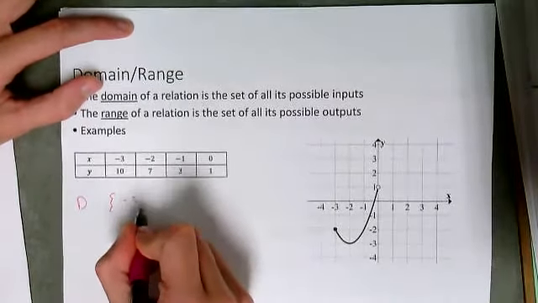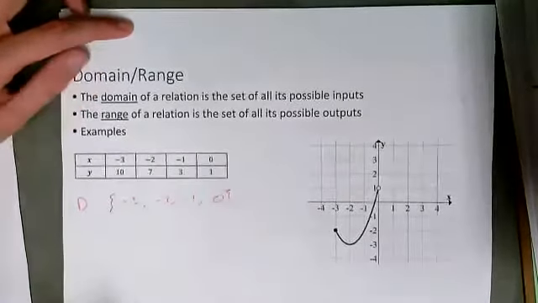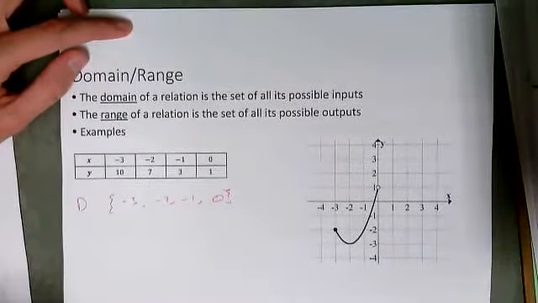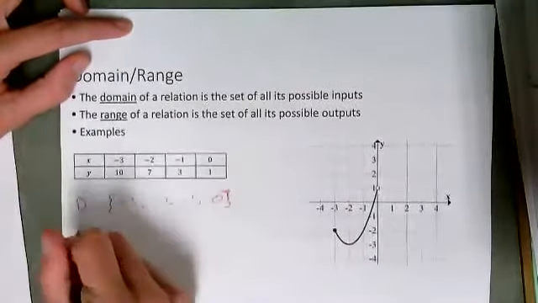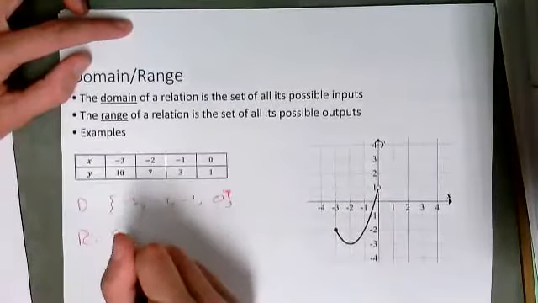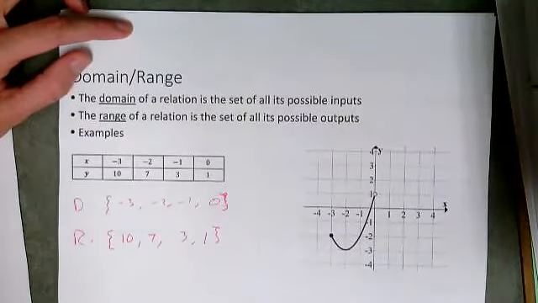So it's going to be negative 3, negative 2, negative 1, and 0. Those are your input values, your x values. And then your range, its range is going to be 10, 7, 3, 1, right? All the possible output values. So tables are pretty easy to read domains and ranges off of, which is nice.